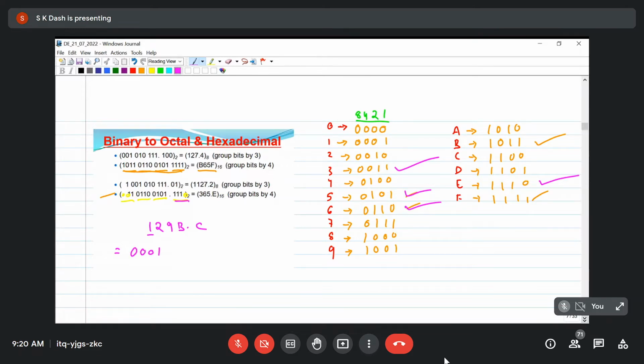Then 2 is 0010. 9 is 1001. B is 11, which is 1011. Point C. C is 12, so 1100. Okay. So in this way, we can convert binary into octal and binary into hexadecimal and vice versa.